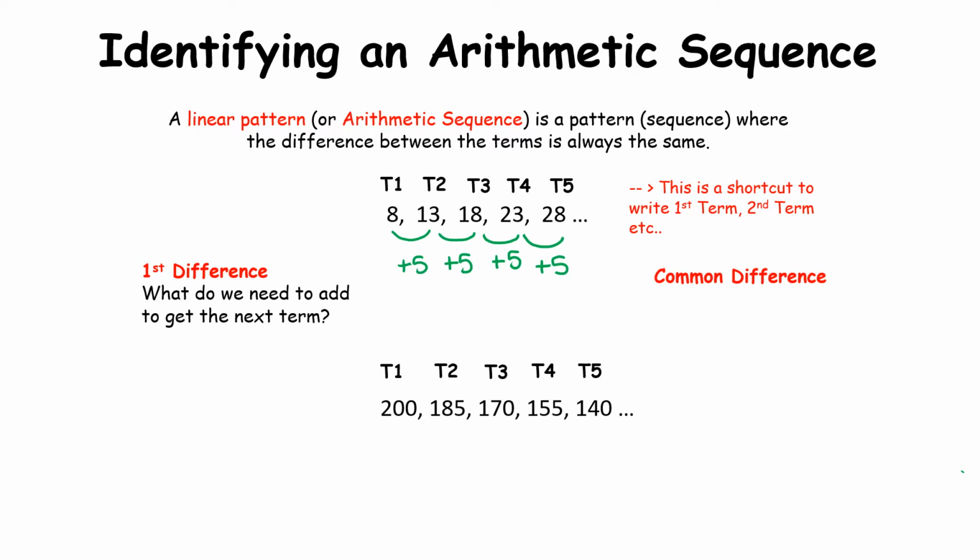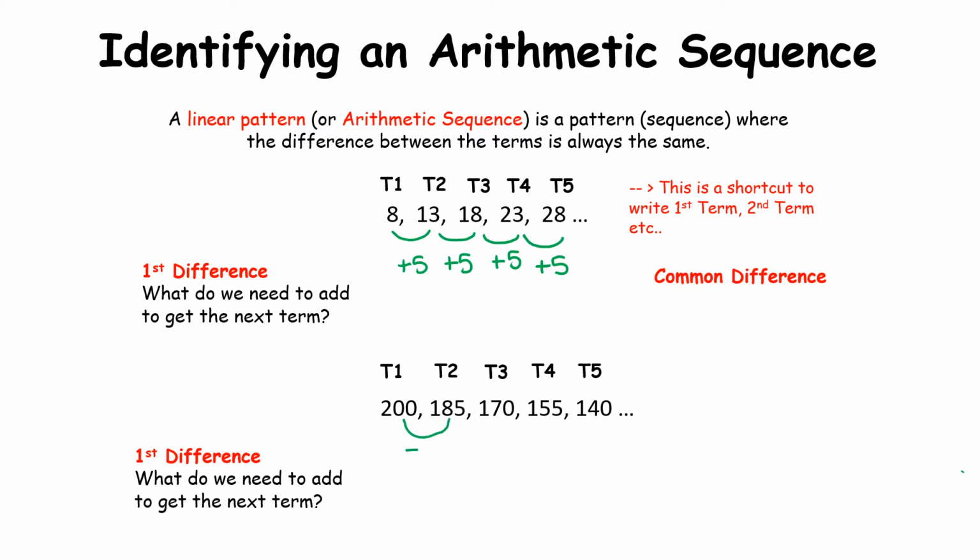Let's take a second sequence. T1 is 200, T2 is 185, T3 is 170, T4 is 155, and T5 is 140. You might notice at this point that this sequence is getting smaller, or is decreasing. Let's talk about the first difference. Again, what do I add to 200 to get to 185?